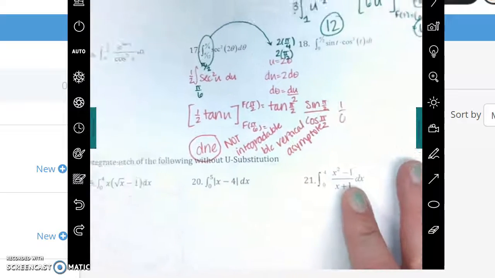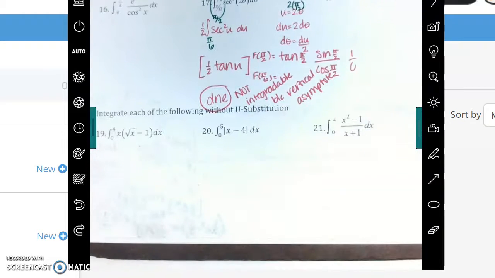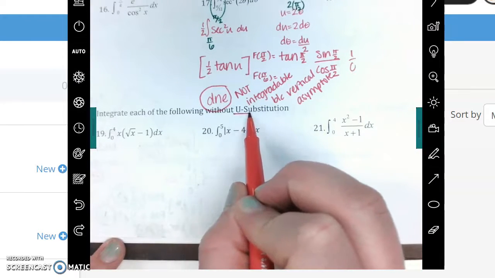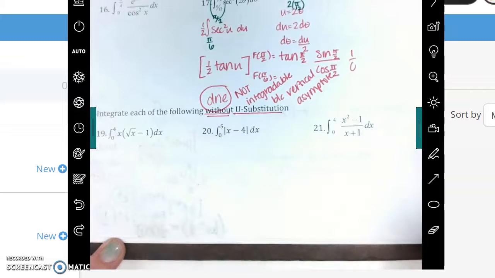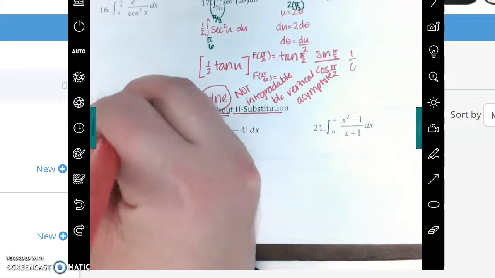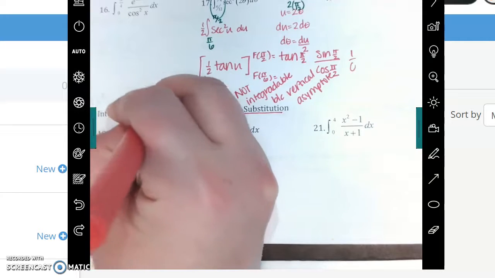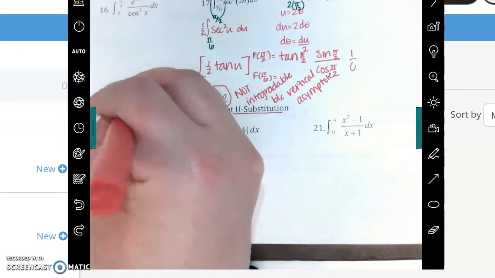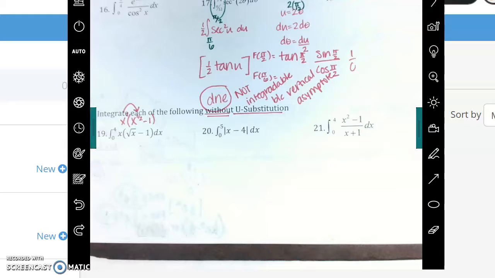But okay, 19 you're doing without u sub. So what that means is that I'm going to have to make that a power rule. How do I multiply x times x to the half? What do I do with their exponents if I'm doing x to the 1 times x to the half?